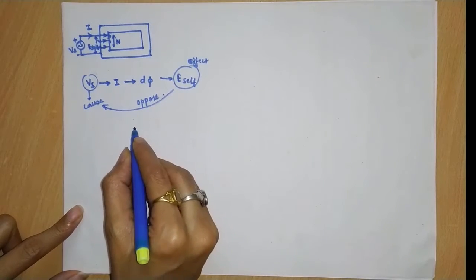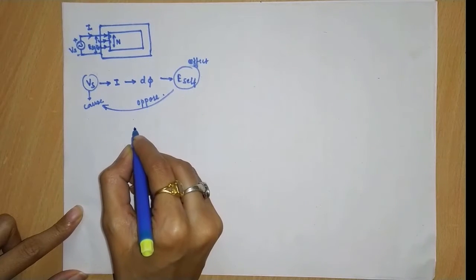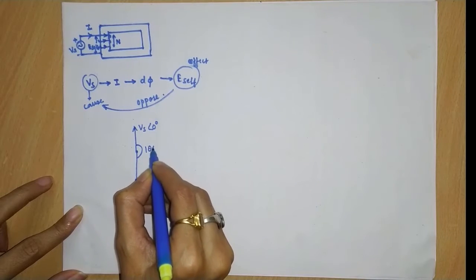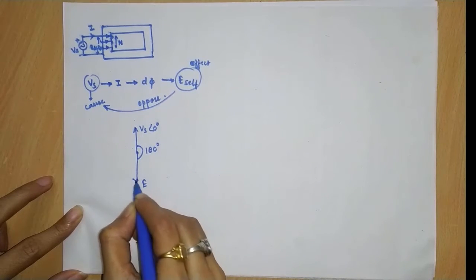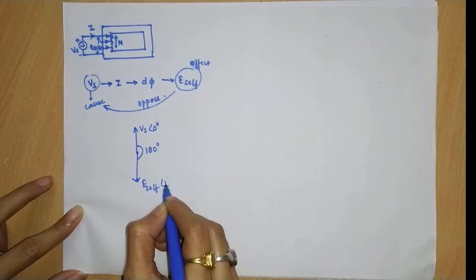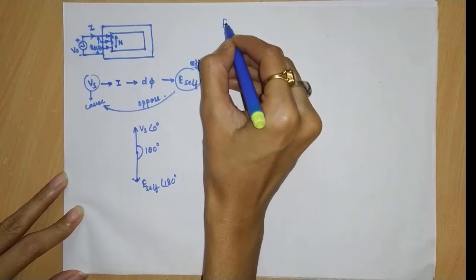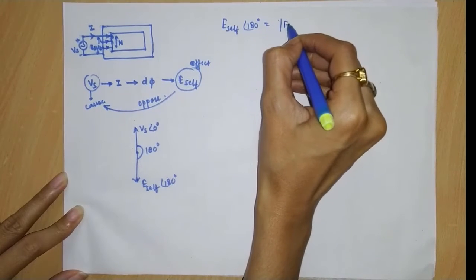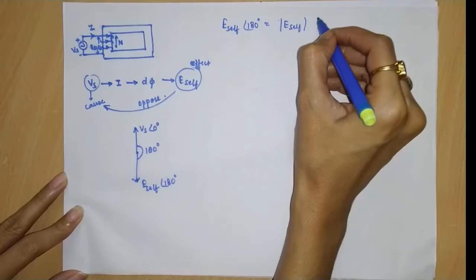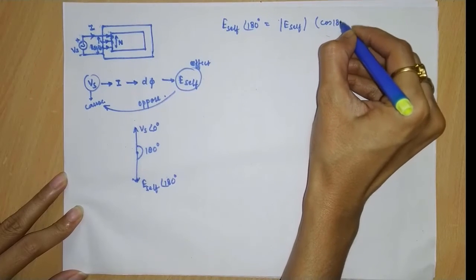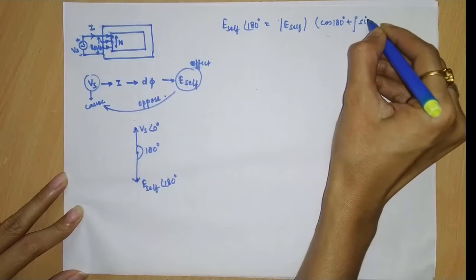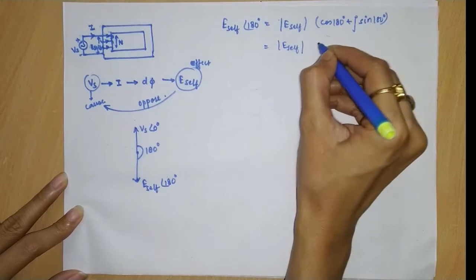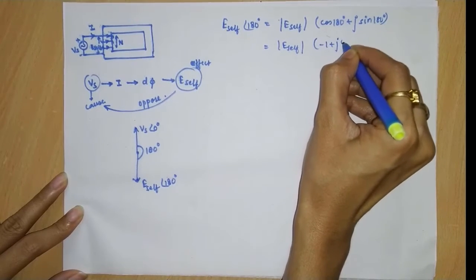From the phasor diagram, I can say if this is the supply voltage Vs at an angle 0, a 180 degree phase shift will be there between the supply voltage and the self-induced EMF. Hence we write E self at an angle 180 degrees is equal to mod of E self cos 180 degrees plus j sin 180 degrees, which is written as mod E self into minus 1 plus j0.